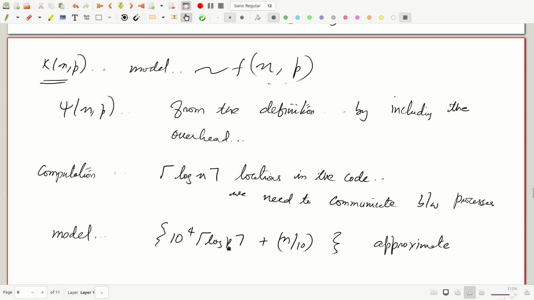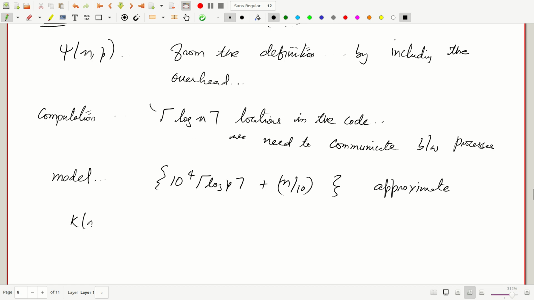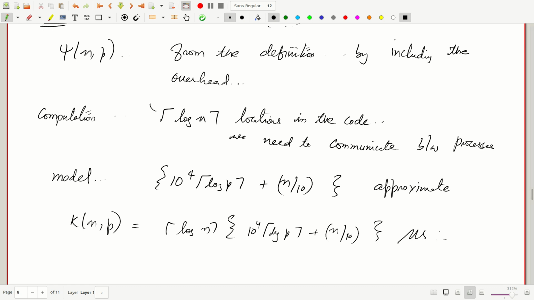Then we have ceiling of log n, so this is rounded off to the next integer, and this is also a ceiling. The total time consumed by the overheads is the number of locations times the cost per location. That means we can write our kappa of n, p to be equal to ceiling of log n times (10 to the 4 ceiling of log p plus n upon 10) microseconds. Okay, so that is our kappa of n, p.